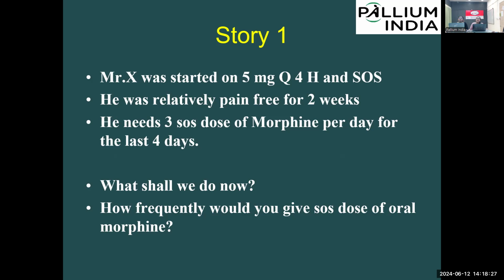For 2 weeks, he was having satisfactory pain relief. But since the last 4 days, his pain relief was not that satisfactory and he had to take rescue doses or extra doses of morphine at the rate of 3 doses per day. What shall we do now? How do we handle the situation? Any suggestions on that?